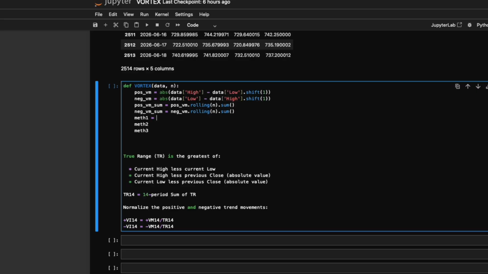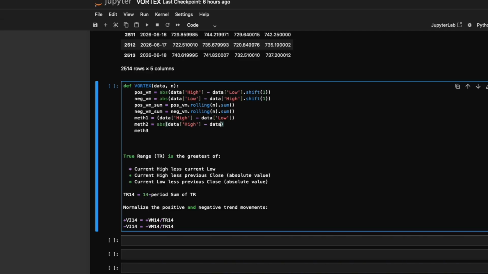So method 1 then would be, we'll put it in brackets anyway, our current high minus our current low. So that's our first method. Method 2 then would be equal to the absolute value of our current high minus yesterday's close.